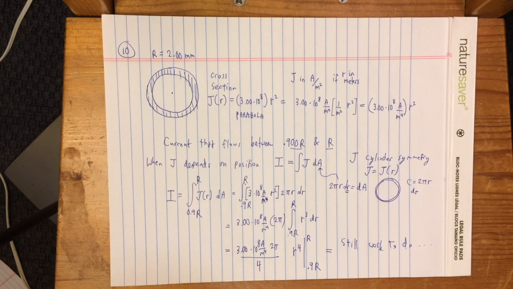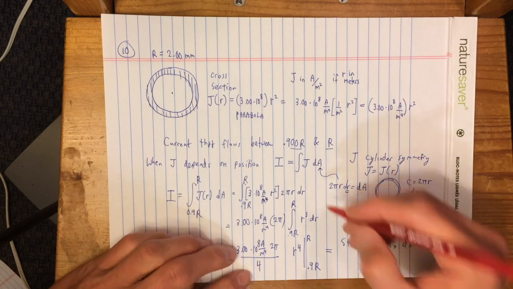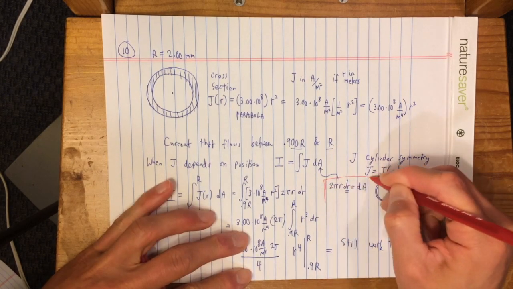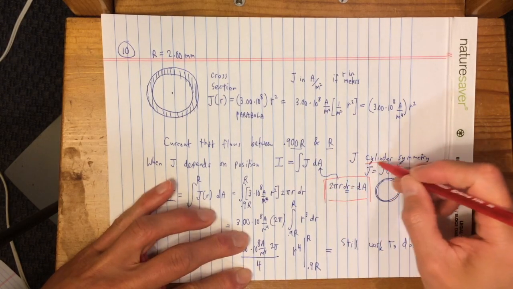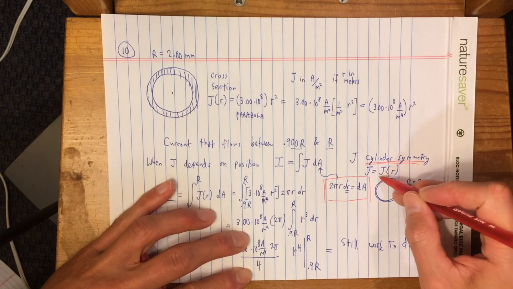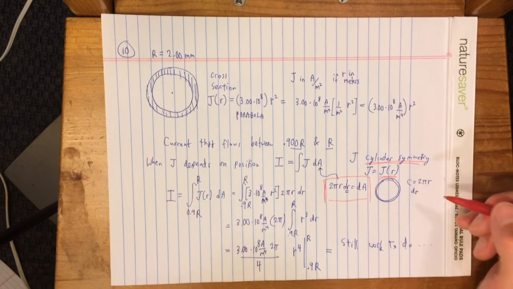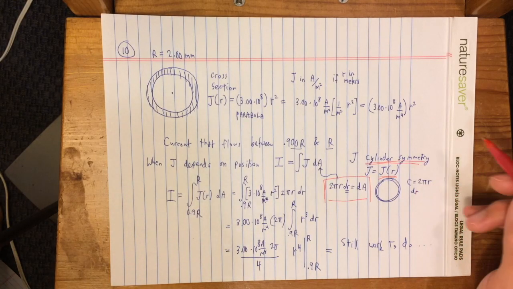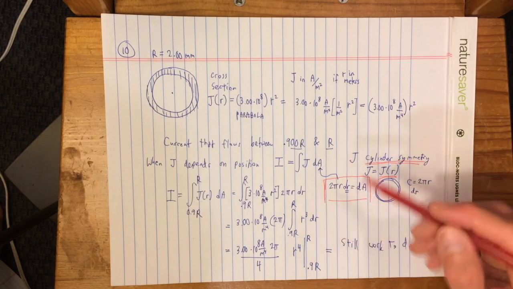An important thing that I showed you, I think, is the judgment call that because you have this cylinder symmetry and because J is actually a function of the radial distance out, you have to do an integral.